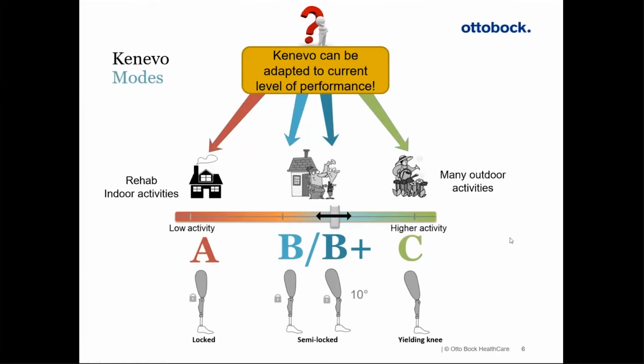or the CLEC 4. So when we look at the indications of the two microprocessor controlled knees, then we can say CLEC 4 is clearly a knee for patients at K3 and K4 level, whereas Kenevo has been developed for K2s and also low K3s.